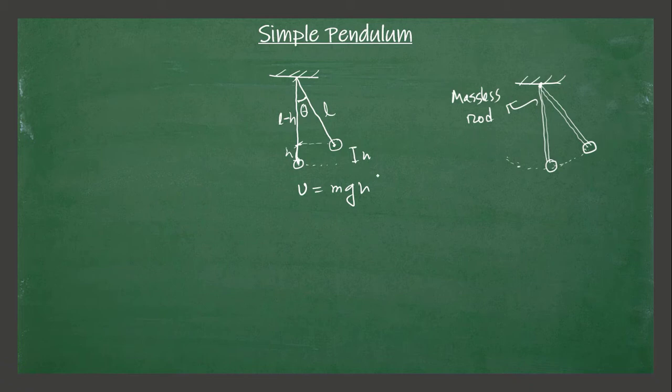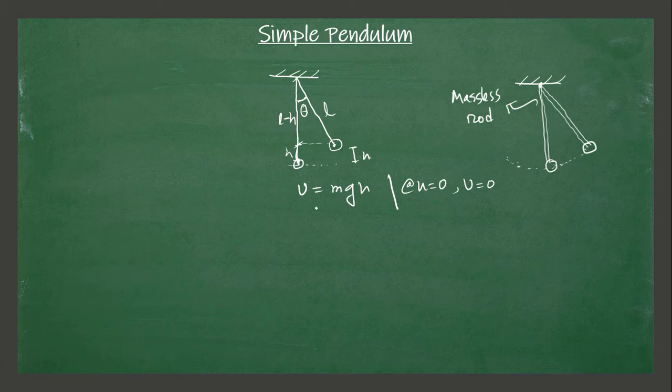Now you can write down this potential energy like this if we let the potential energy at this initial point to be equal to 0. So that is, if we let at h equals 0 the potential energy is equal to 0, then we can write down at this position the potential energy to be equal to mgh.